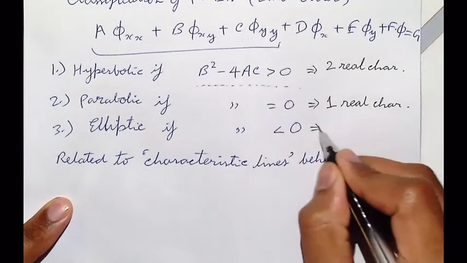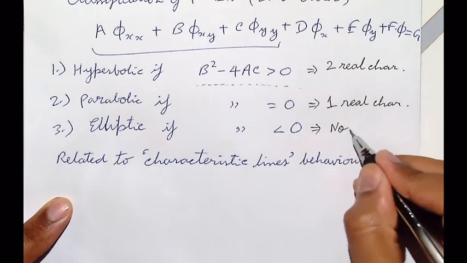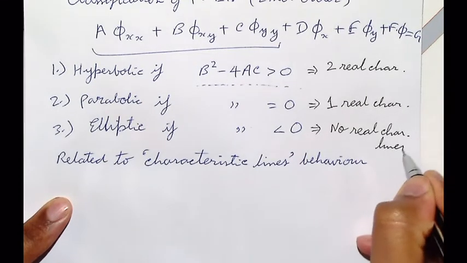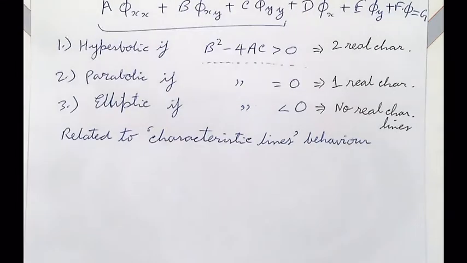And elliptical PDEs have no real characteristics. All right, and in a few moments I will tell you what exactly is a characteristic. But first, let's look at some examples of these three types.